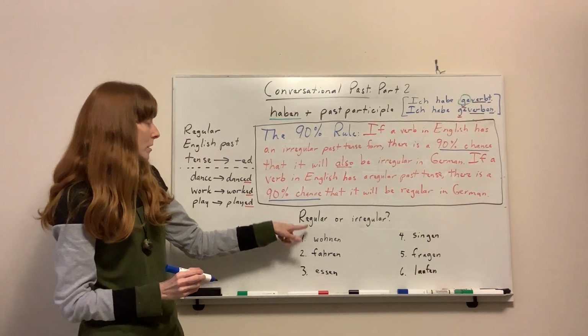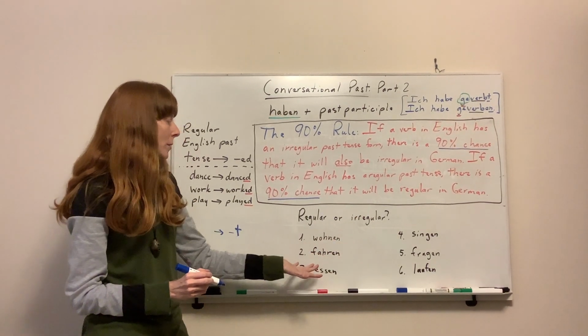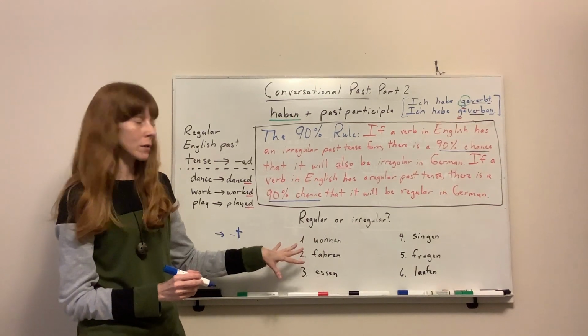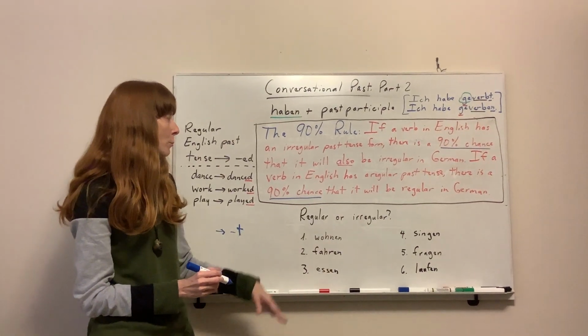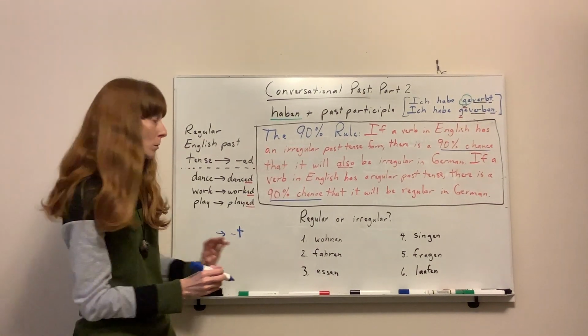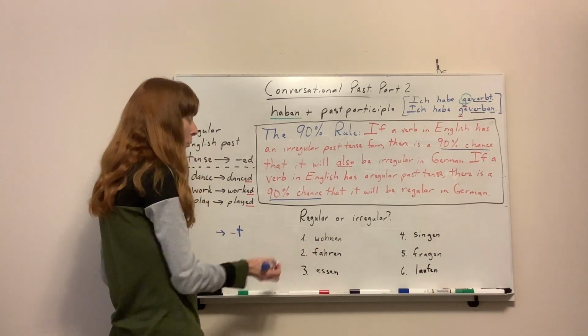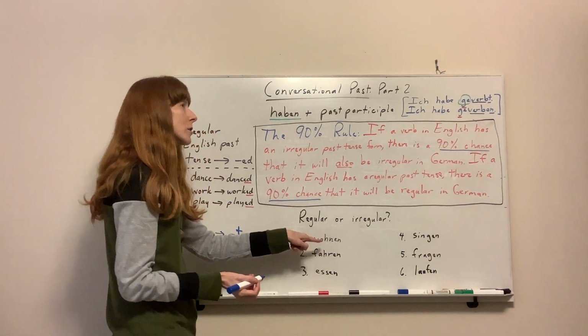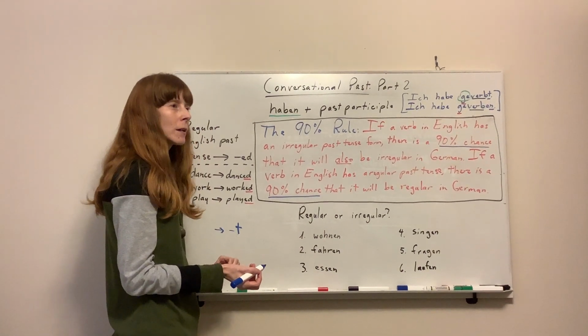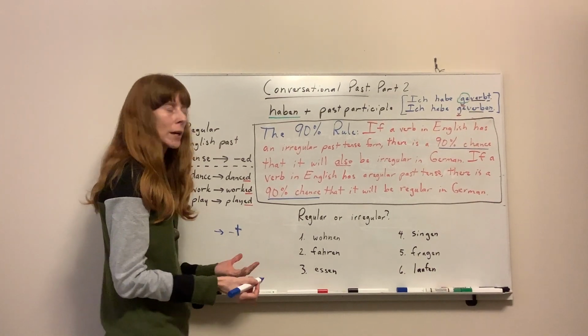Now, I've got down here just a few sample verbs in German to show you how this works. We're going to figure out whether they're regular or irregular based on this rule. Okay, so wohnen, we know that means to live. So we're going to be thinking in English, live. Is the past tense regular or irregular?